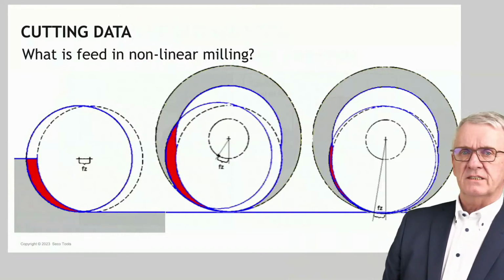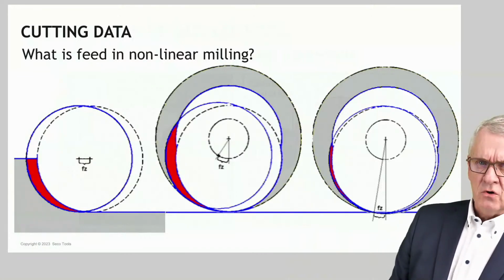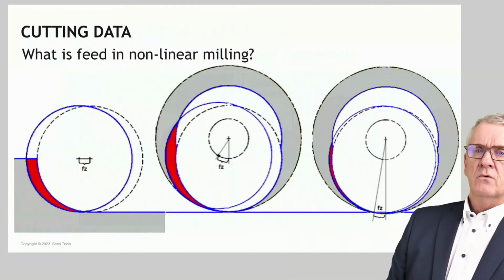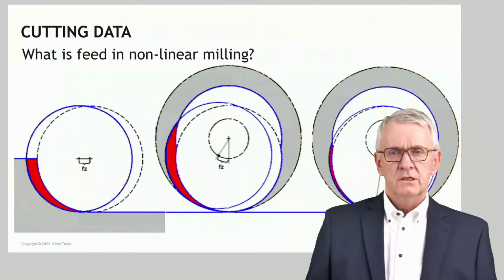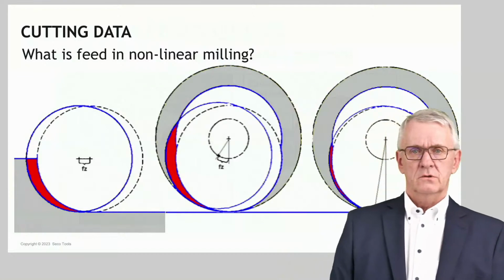What you see to the right is the situation still so often used where the feed is put at the periphery of a milling cutter, which is of course, and now you should understand much better, I hope, in the situation to the right, the chip is much too thin. You're going to burn the milling cutter.